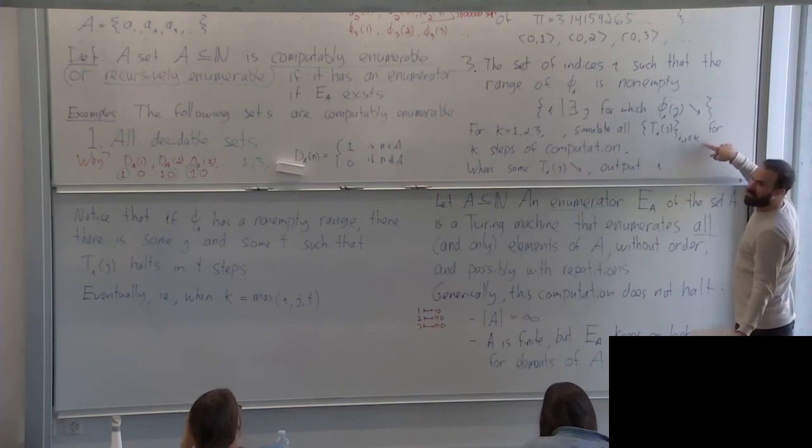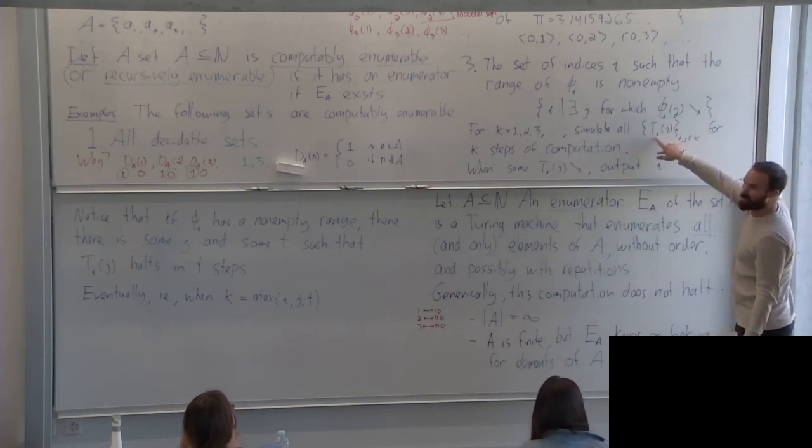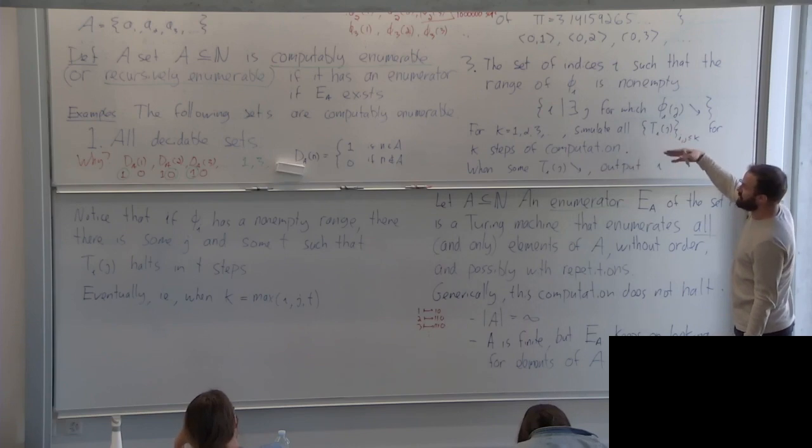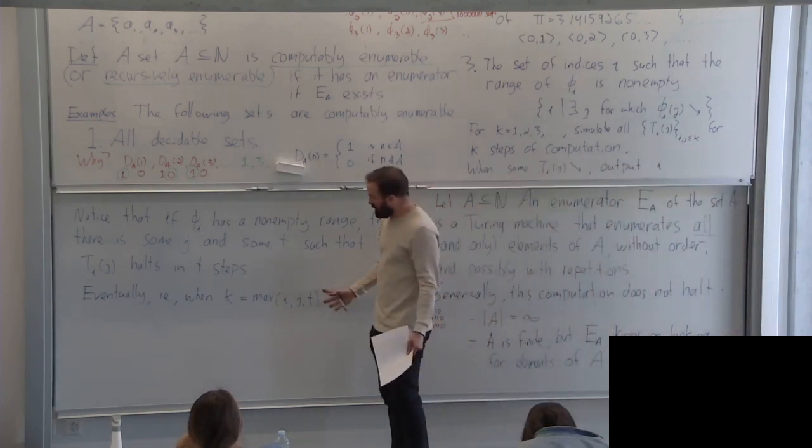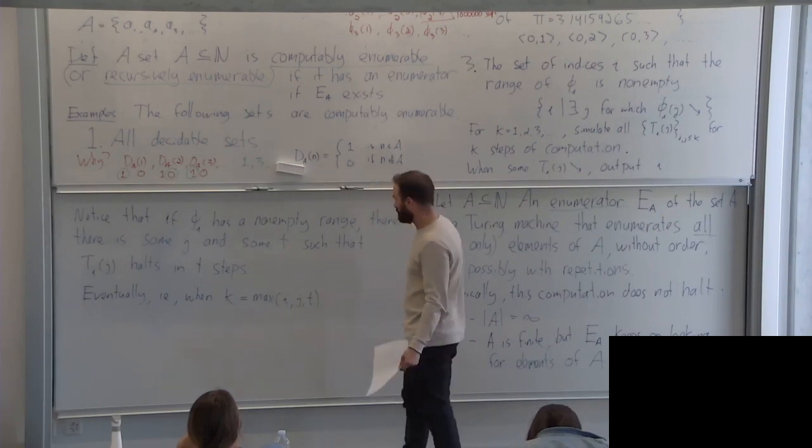And k rules three things, basically. It rules the index i, it rules the input j, and it rules the number of steps of computation. So eventually k will be the maximum of all of these.